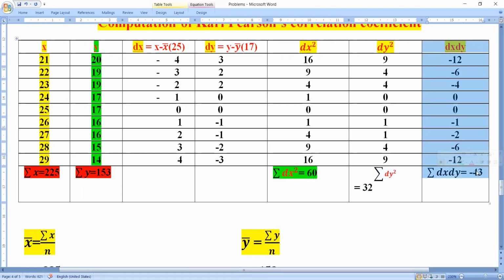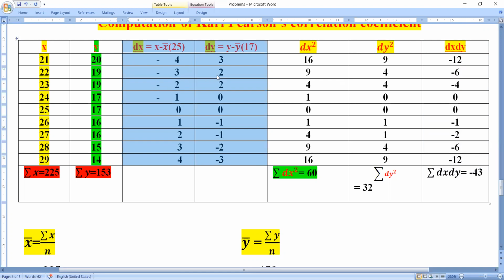What does dx dy mean? dx dy means dx into dy. We are multiplying the dx column with the dy column. Minus 4 into plus 3, how much do we get? Minus 12.